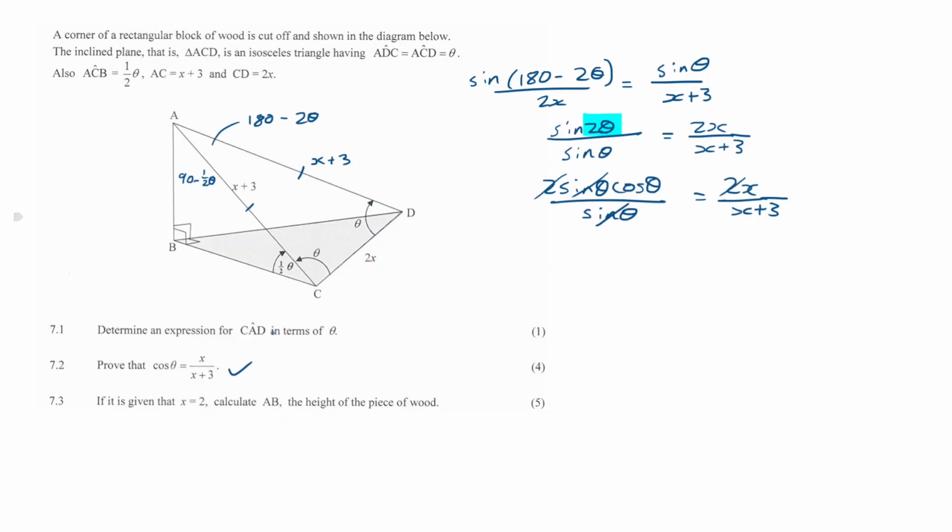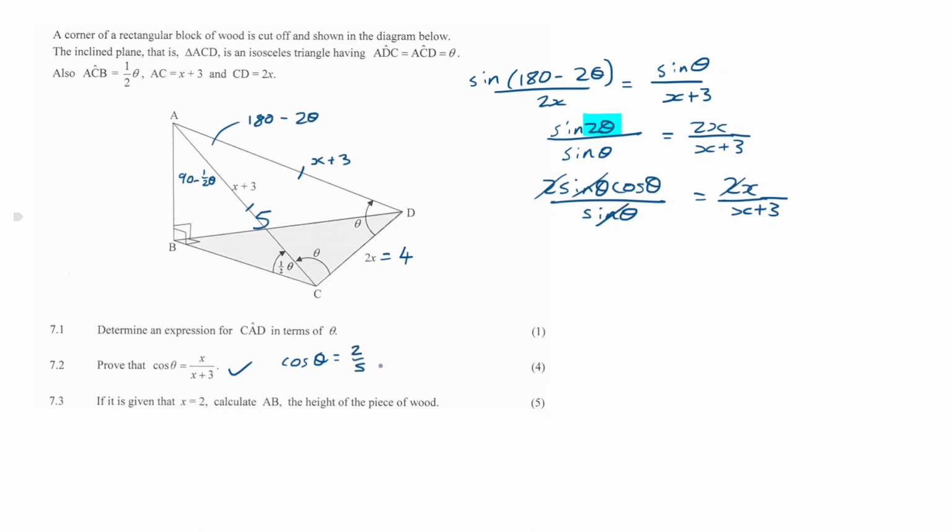In the next question, they say x equals 2, calculate the length of AB. So if x equals 2, this side would be 2 plus 3 is 5. If x equals 2, this side would be 4. If x equals 2, I can come back to what I've just proved, and cos theta would be 2 over 2 plus 3 is 5, 2 over 5.